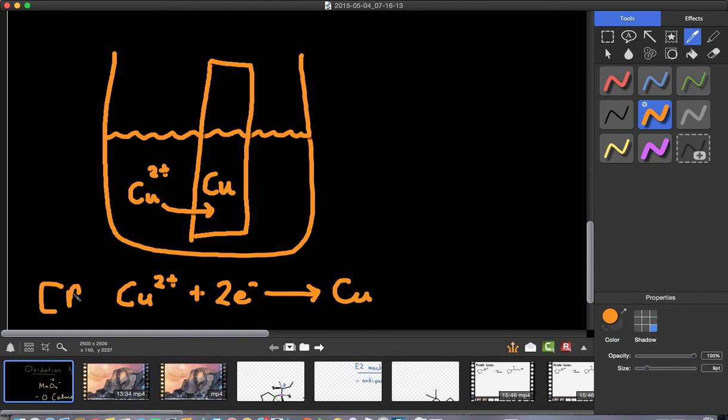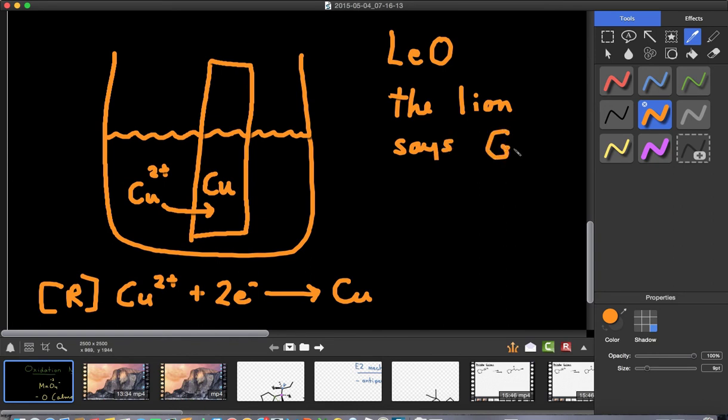Lots of ways of remembering chemical reduction. One of the most famous is Leo the lion says Ger. I know it's kind of lame, but it works.